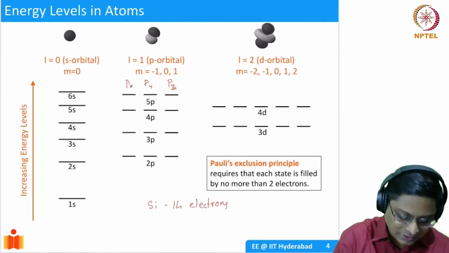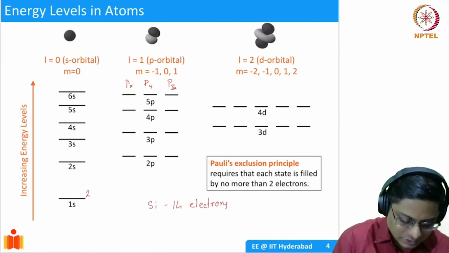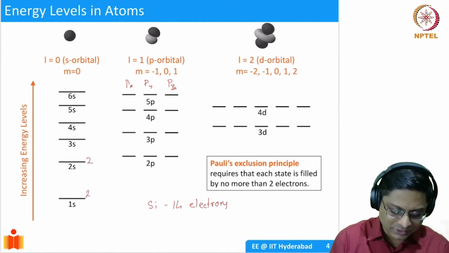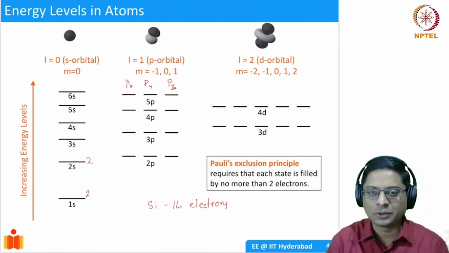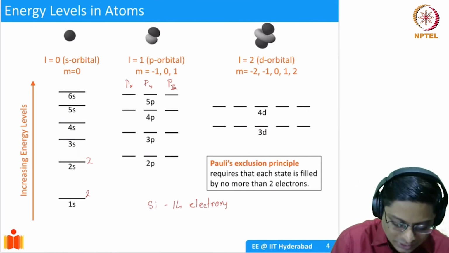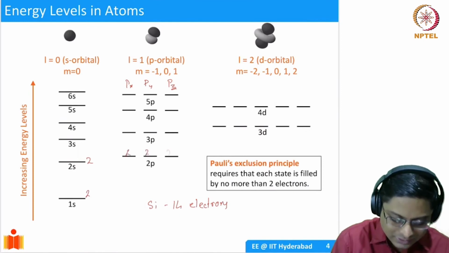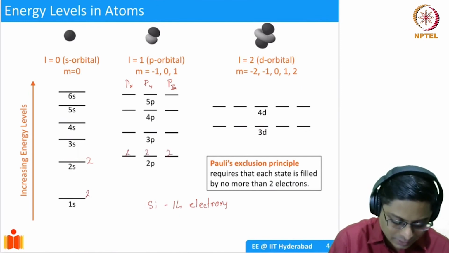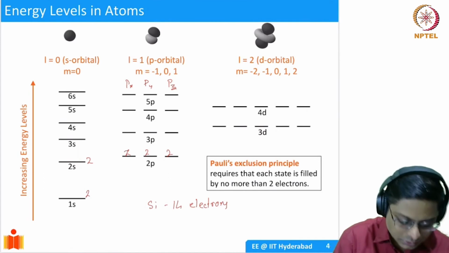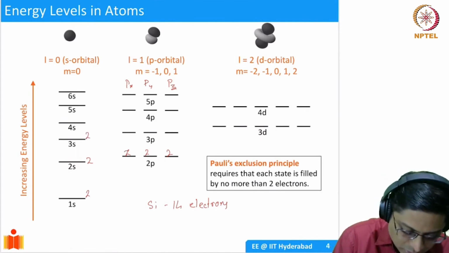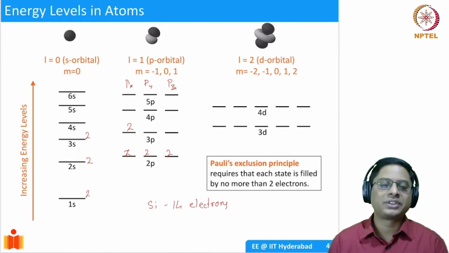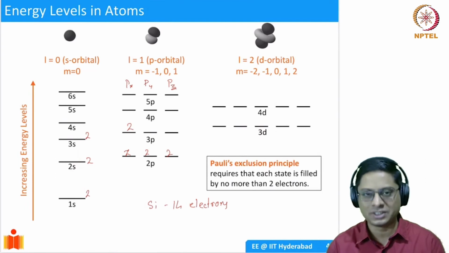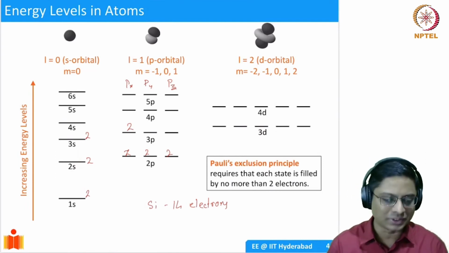So you can assign 2 electrons in the 1s state, 2 electrons in the 2s state, and then there are 3 of these 2p states. There is threefold degeneracy, so you can assign 2 electrons to each of these. Then we have filled up 10 electrons, and you have 4 more. So you will fill 2 in the 3s state and then 2 in the 3p state. This is how electrons are distributed, and this has very profound implications on how the energy bands form. That's why I just wanted to review this.